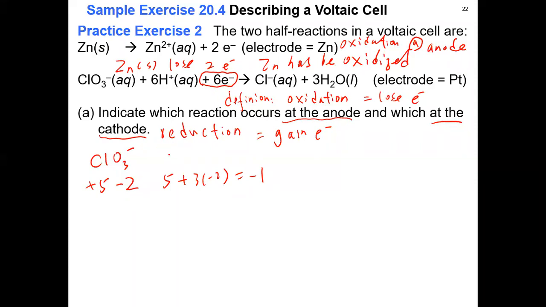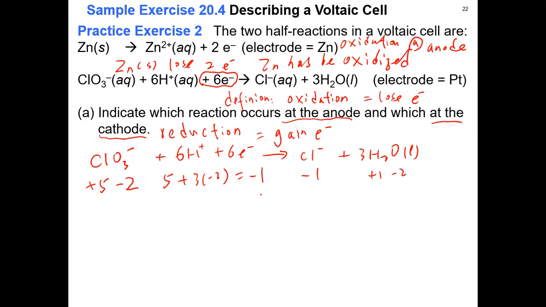So the second half reaction: ClO3 minus, plus 6 H plus, plus 6 electrons. You want to see who has been reduced. On this side, clearly the chloride ion is -1. Then you can see 3 H2O liquid, where H is still +1 and oxygen is -2.